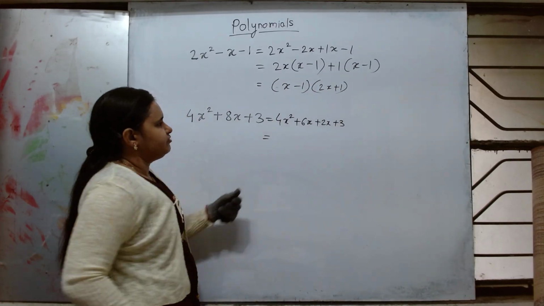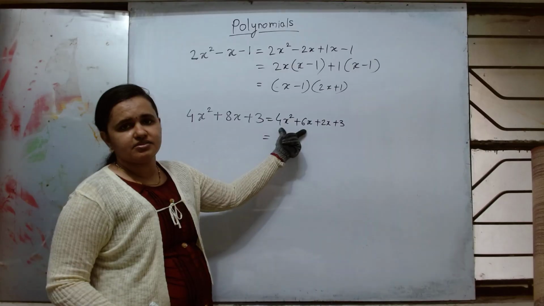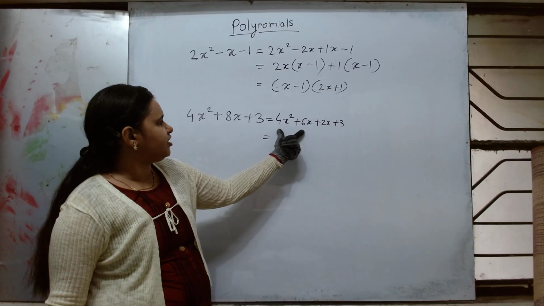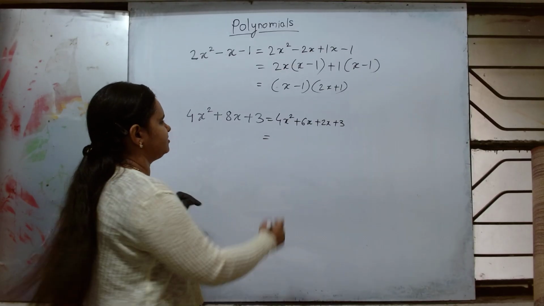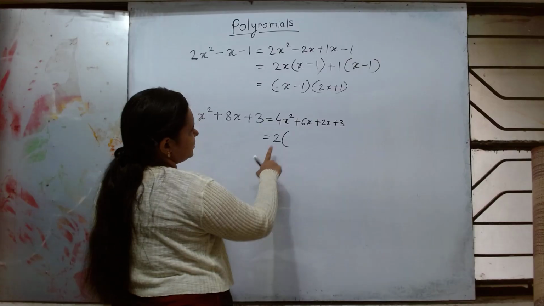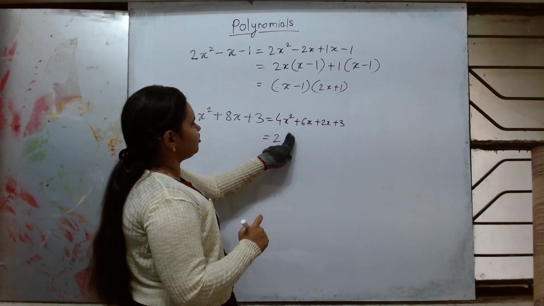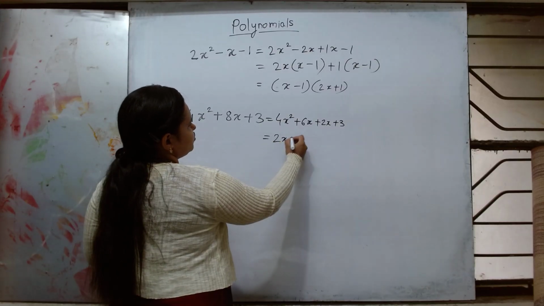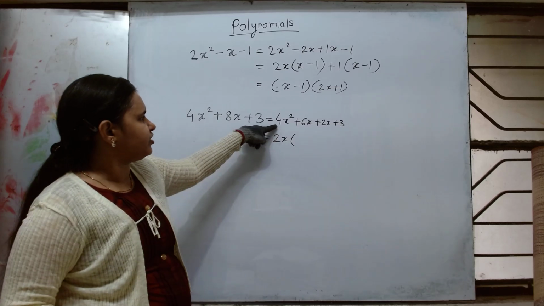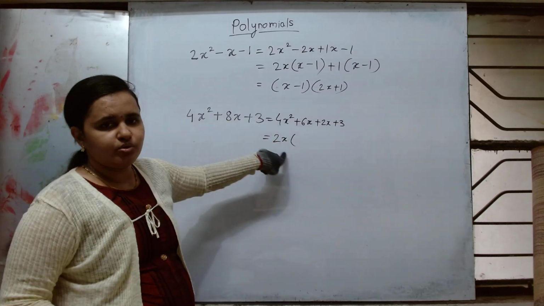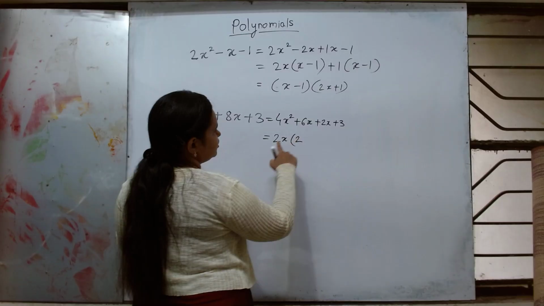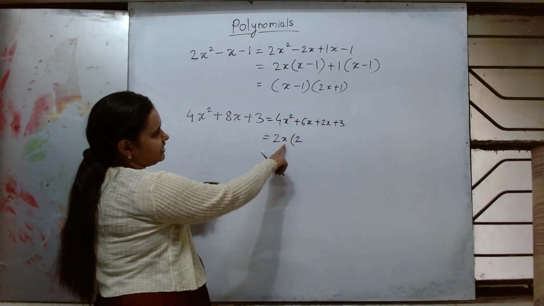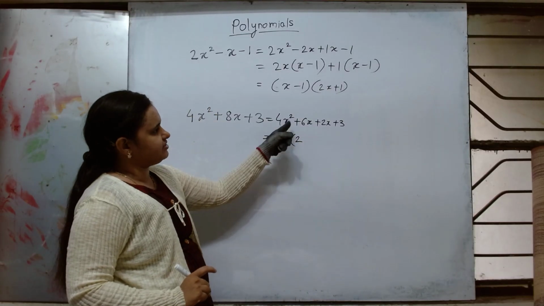So again we will take common from this. What is coming common? 2 is coming common, and x is also coming common. So if we take 2x common from the first term, what is remaining? 2 into 2 is 4, and again x is common, so 1x is remaining.